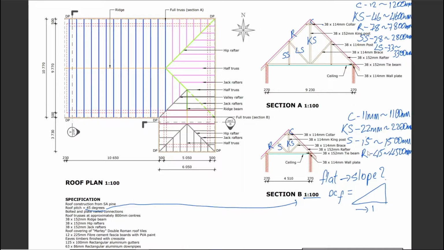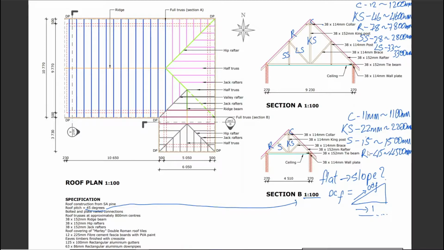Since we're using 1, I can call this my X factor. Whatever we get for this X factor, since we're using 1 over here, we can apply it to any value on flat, and it will give us a conversion to slope.